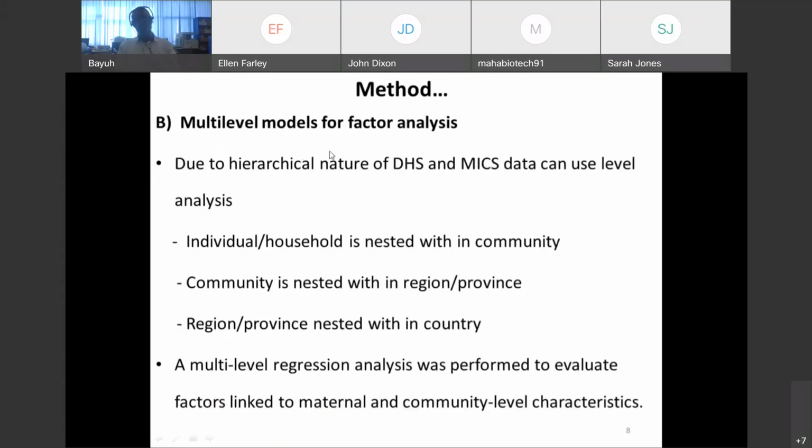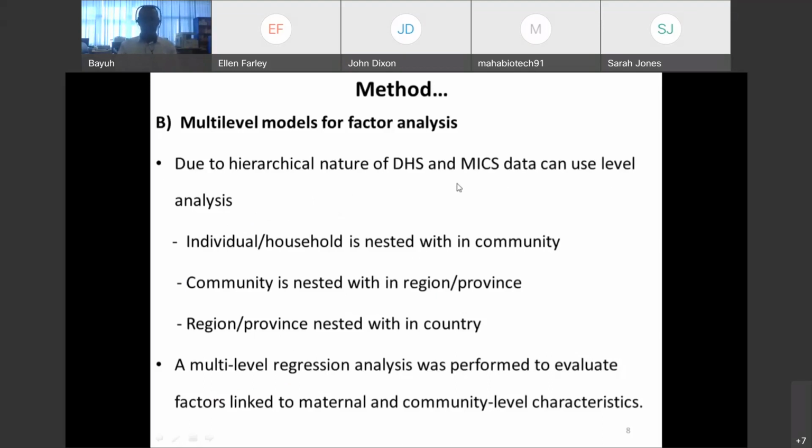The next is multi-level factor analysis. In the previous part, I can show where the high-risk places or the most hotspot areas are. Next, for those areas, which groups of people are at higher risk: which group of mothers, which group of mothers who come from which households and communities.